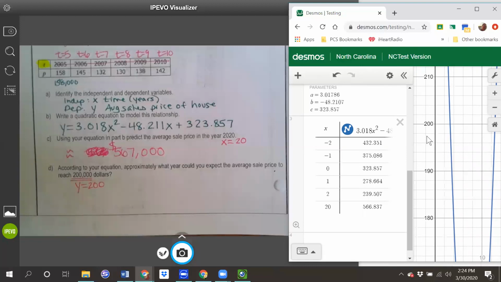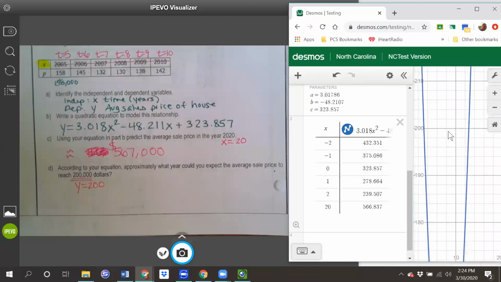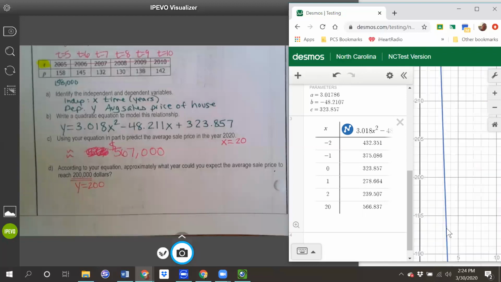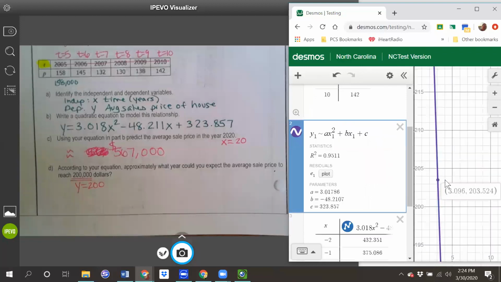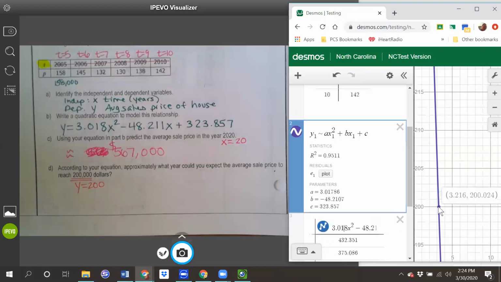And there's 2 of them. Which one should I pick? Well, here's 10. Actually, let me get a little bit closer in on this. Oh, look at that. I can select a point on that graph. I didn't know that before. I was trying to select a point on the equation that I wrote, but if I went back here, I can actually highlight a point.